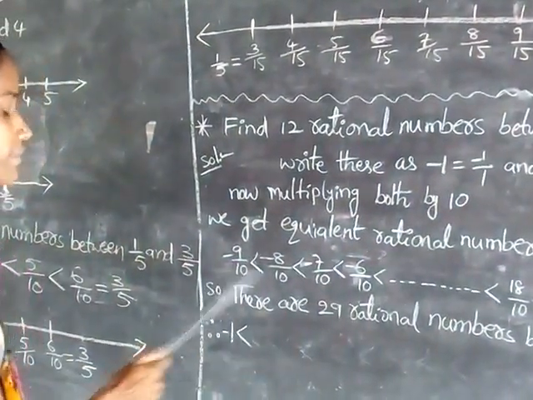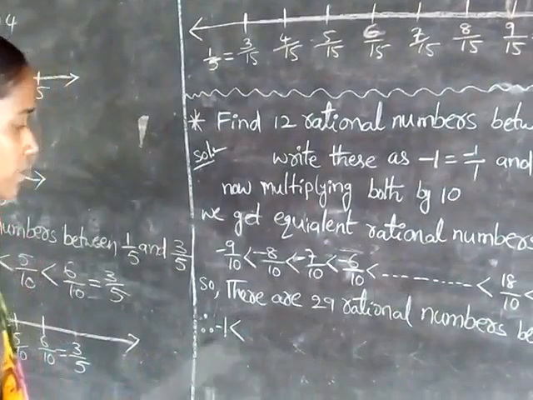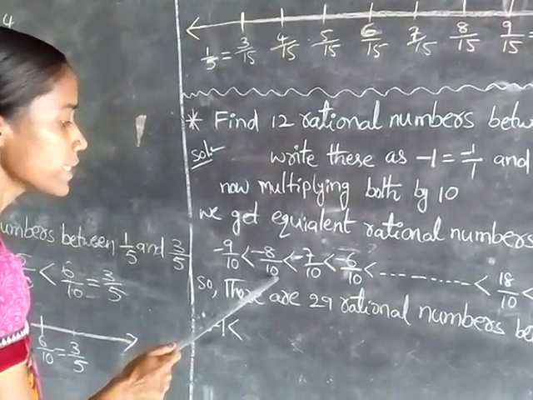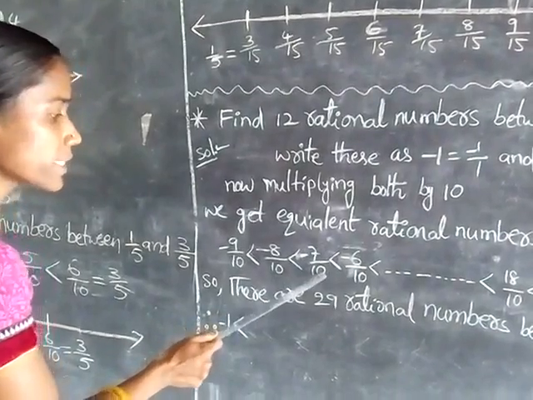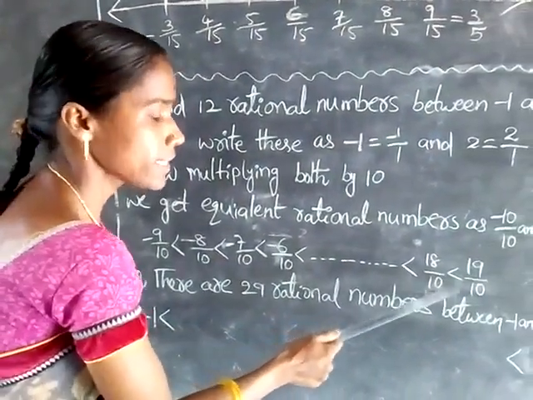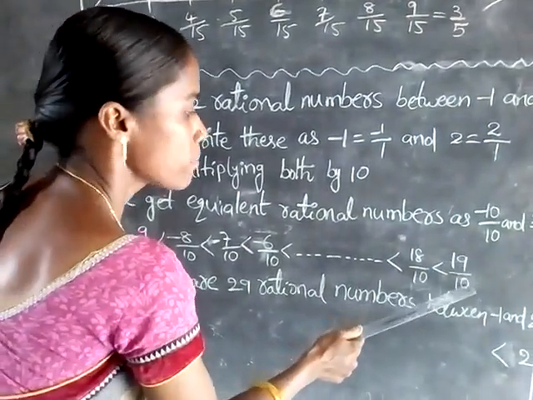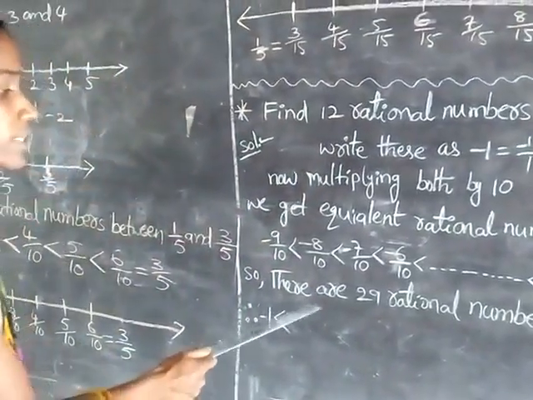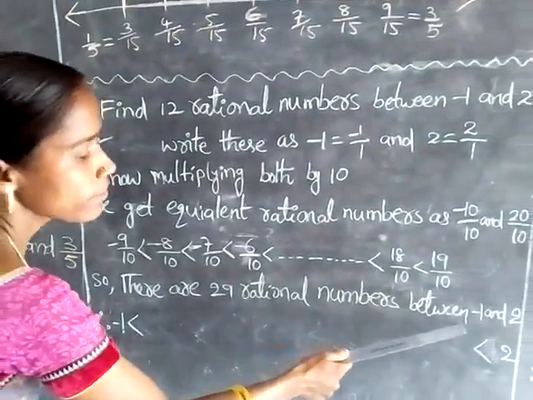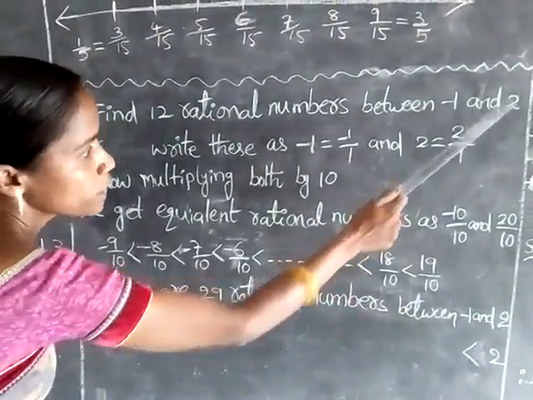Now you may write the rational numbers between them, that is -9/10 is less than -8/10 is less than -7/10 and so on, up to 18/10 is less than 19/10. So there are 29 rational numbers possible between -1 and 2.